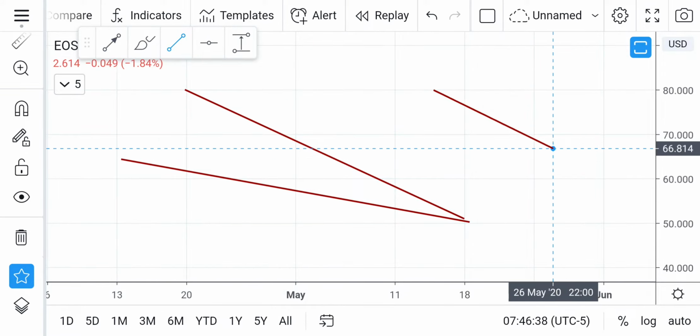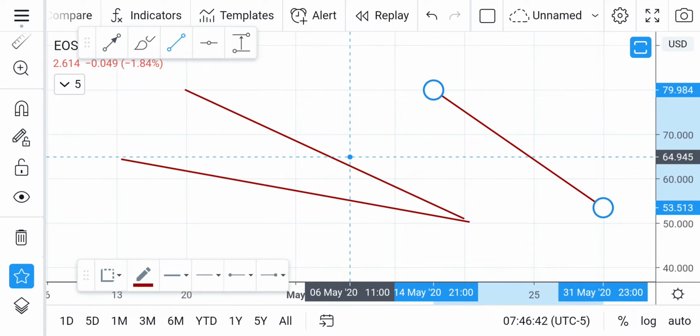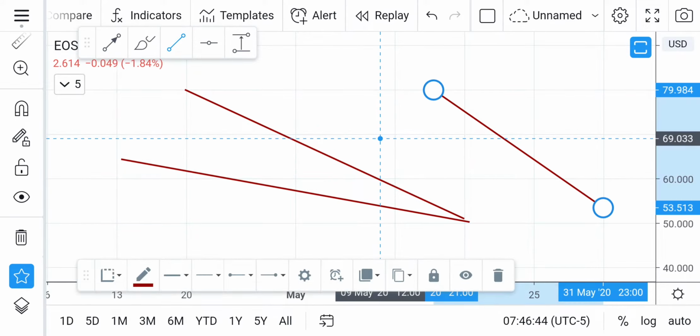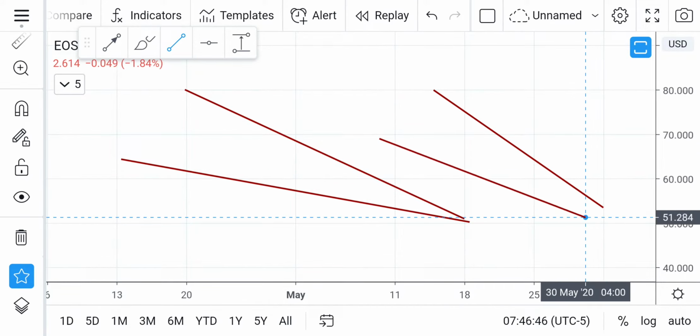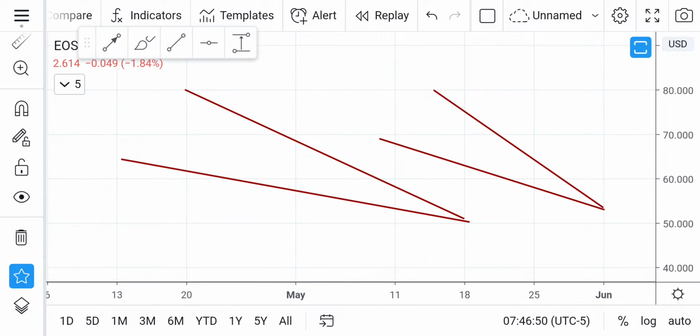So that is it. Let me illustrate how the falling wedge looks again. So you have something like this, and you also have another trend line that is sloping downward again. So this is a falling wedge, and it is a bullish reversal pattern. When you see a falling wedge in an uptrend, it is a bullish reversal pattern.